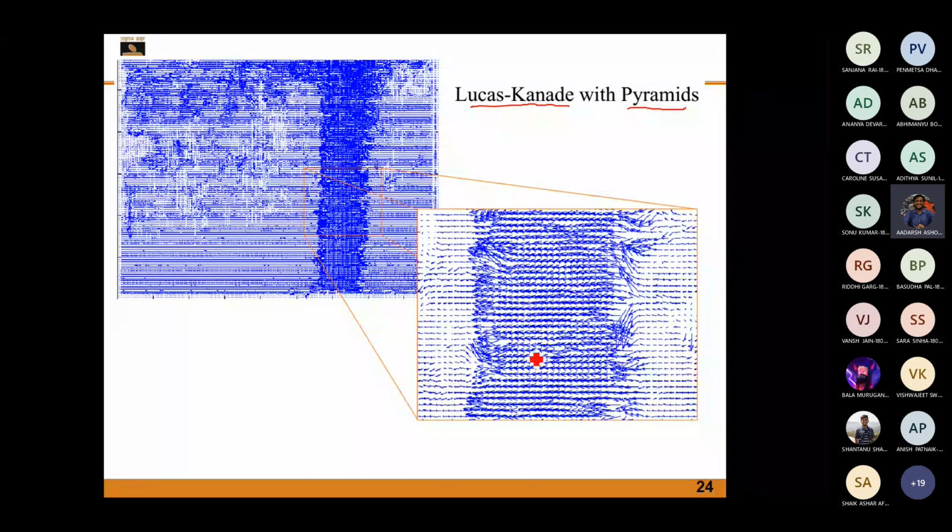Now if you observe, within the tree bark region, the optical flow vectors are more or less having the same magnitude as well as direction, right? So we see how uniform the optical flow looks now. This is the improvement of the Lucas Kanade when you implement it using the Gaussian pyramids.